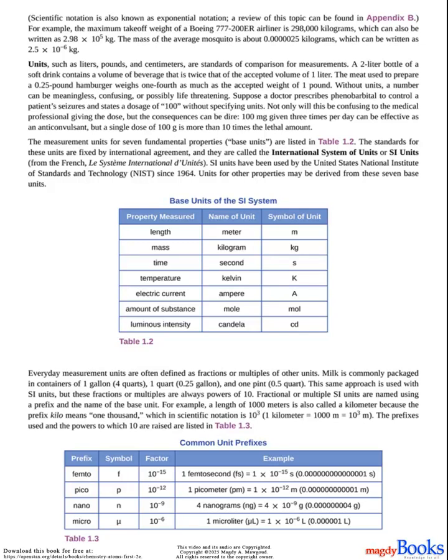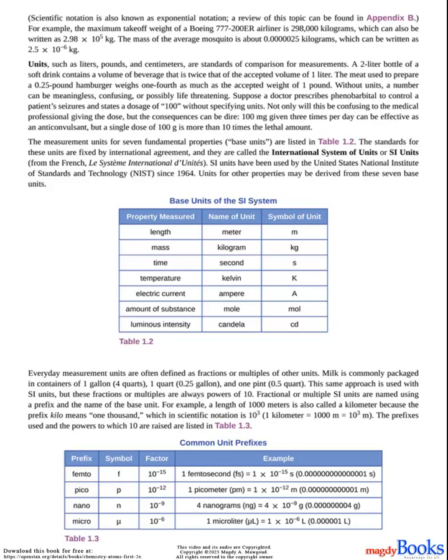Everyday measurement units are often defined as fractions or multiples of other units. Milk is commonly packaged in containers of 1 gallon, 4 quarts, 1 quart, 0.25 gallon, and 1 pint, 0.5 quart. This same approach is used with SI units, but these fractions or multiples are always powers of 10. Fractional or multiple SI units are named using a prefix and the name of the base unit.